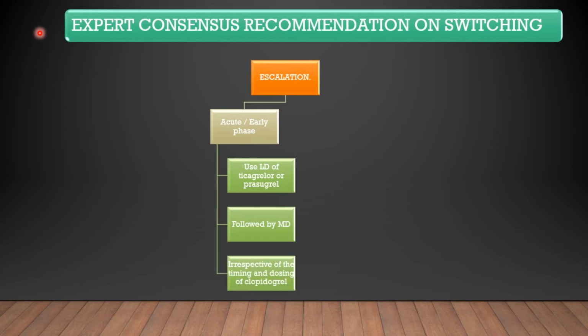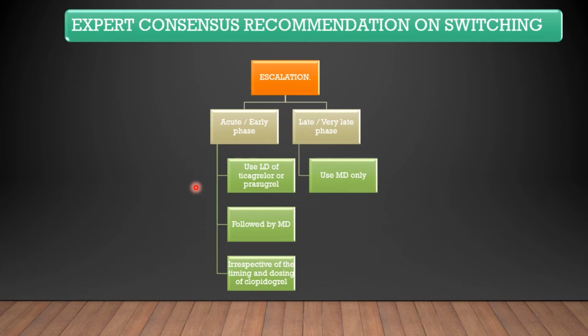Irrespective of the timing and dosing of clopidogrel, however, it should be kept in mind that the dose should be given at least 24 hours after the last maintenance dose of clopidogrel. While if you have to do escalation during the late and very late phase, that is beyond the first month, just use the maintenance dose, no need for a loading dose in that case, and this is done 24 hours after the last dose of clopidogrel.